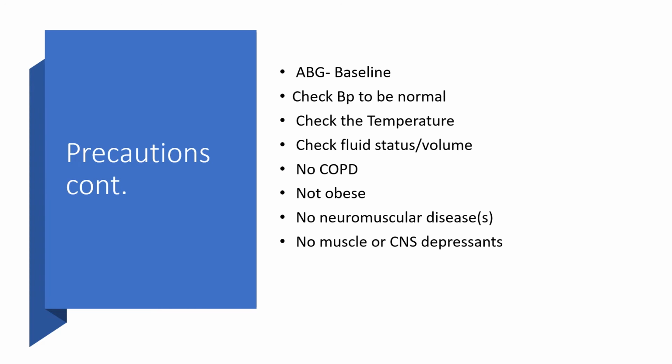The patient is not obese, please establish that. No neuromuscular disease, please establish that. And be sure this patient is not on any neuromuscular depressant. Also, no central nervous system depressants.